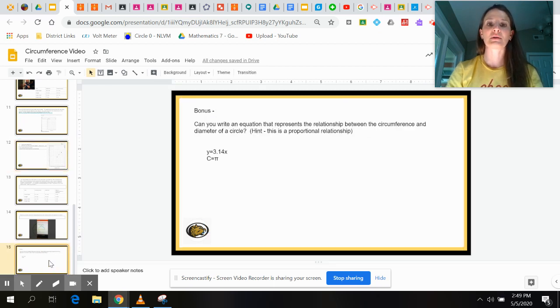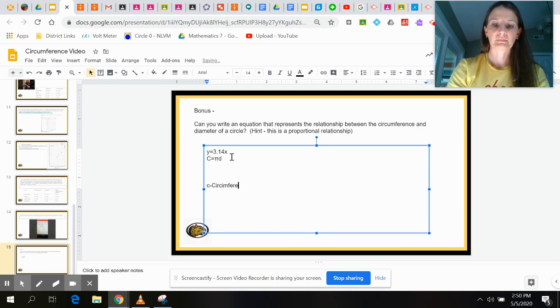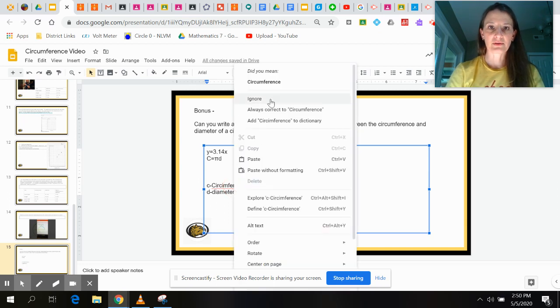So we're going to substitute a d in for diameter. Let me just remind you that c is our circumference. Spelled that wrong. D is diameter. Good thing we have smart computers.